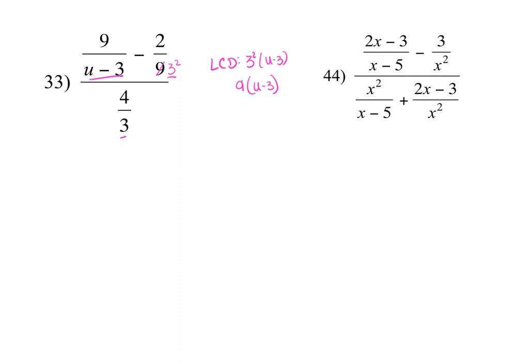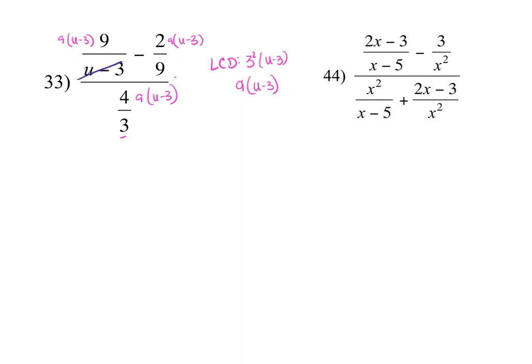Now I can just multiply everything by my least common denominator of 9 times u minus 3. And now I can do my canceling.